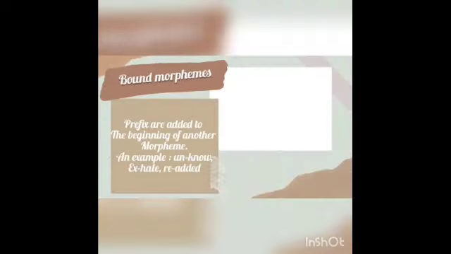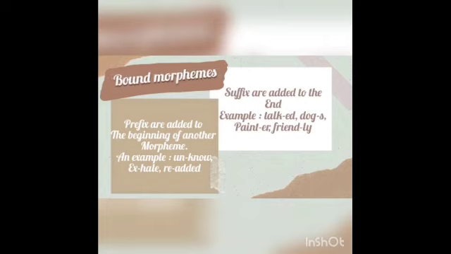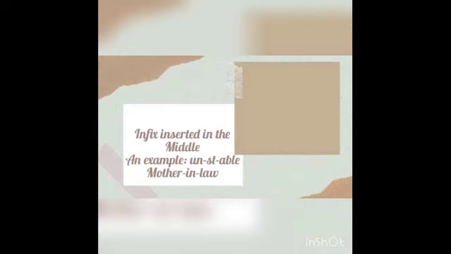Bound morphemes. First, prefixes are added to the beginning of another morpheme. Jadi prefix adalah imbuhan yang disimpan di awal kata. An example: unknown, exhale, re-added. Suffixes are added to the end. Jadi suffix adalah imbuhan yang disimpan di akhir kata. Examples: taller, kid, dogs, painter, friendly. Next, infix is inserted in the middle.